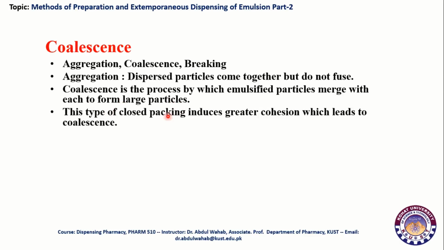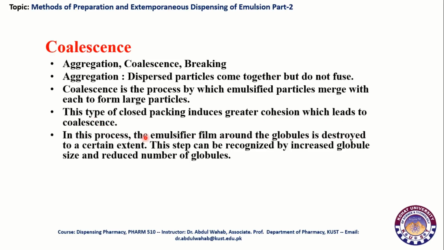This type of close packing induces greater cohesion, which leads to coalescence. In this process, the emulsifier film around the globule is destroyed to a certain extent. These steps can be recognized by increased globule size and reduced number of globules.